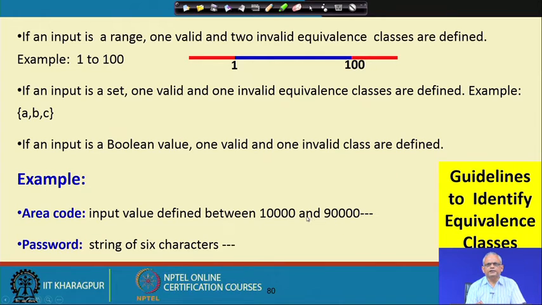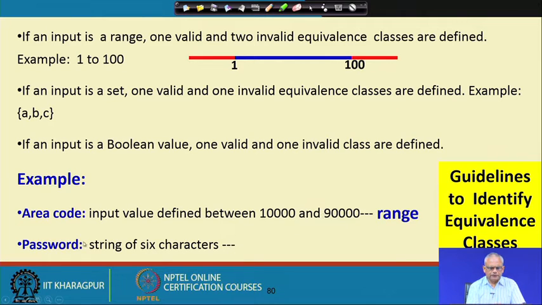One is the valid equivalence class between 10,000 and 90,000, another less than 10,000, and another more than 90,000. So, the crucial thing to recognize is that the area code or pin code denotes a range of values, and as soon as we know that it is a range of values, we can identify three equivalence classes, which is a valid and two invalid sets of equivalence classes.